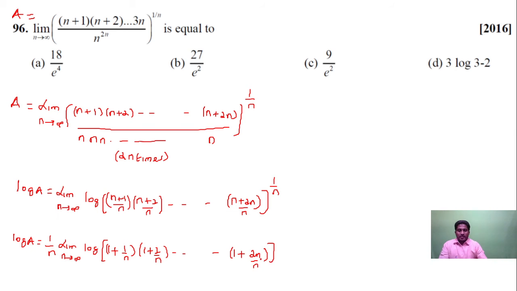Log m into n is log m plus log n, so log a is equal to 1 by n, and then you can write this as log of 1 plus 1 by n plus log of 1 plus 2 by n, and so on up to log of 1 plus 2n by n.